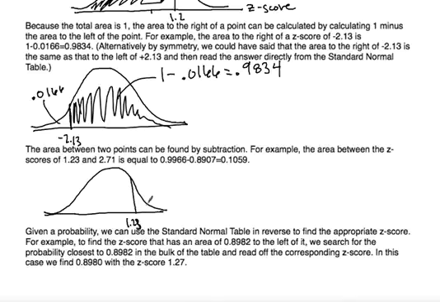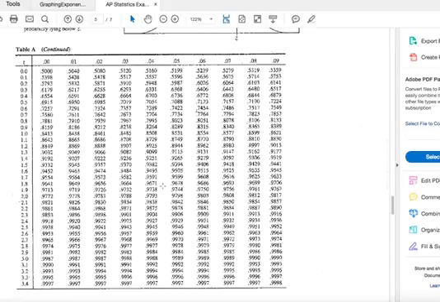And then 2.71 would be almost 3, so we'll say it's here. And you're finding this area. You could go on the table to positive 1.23.